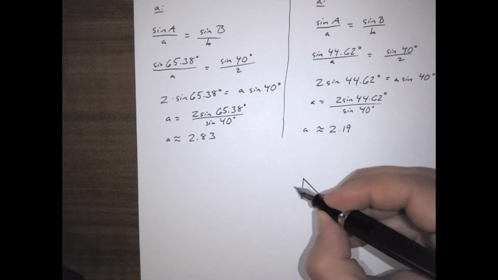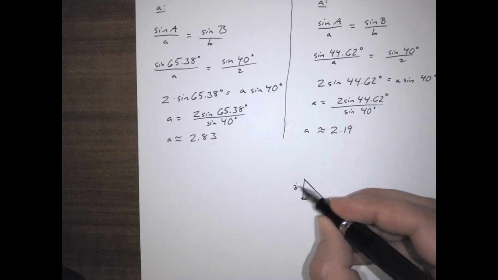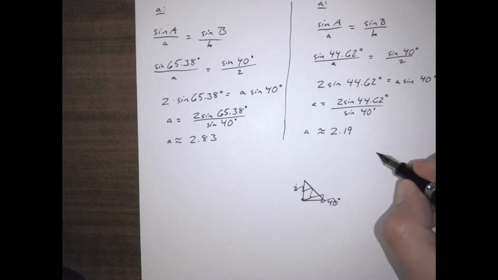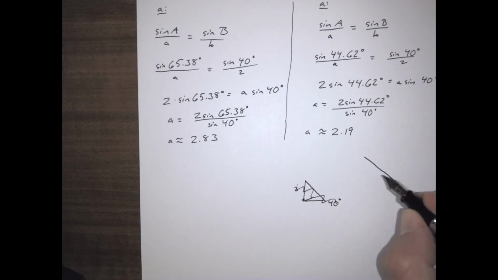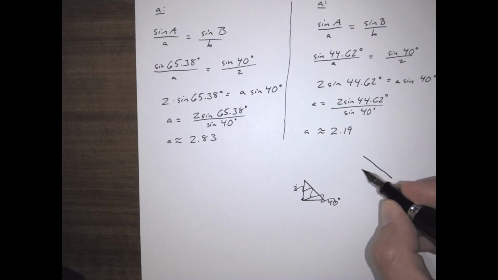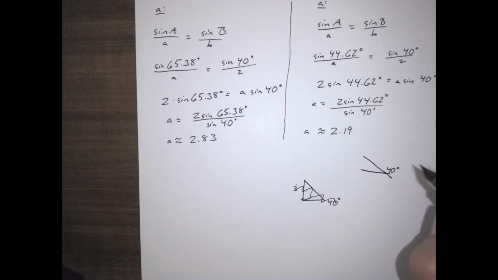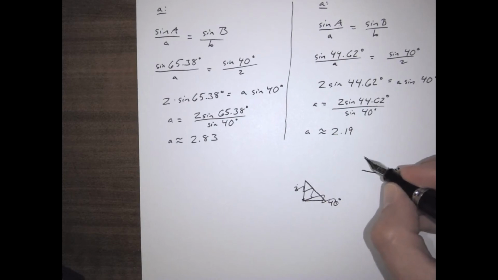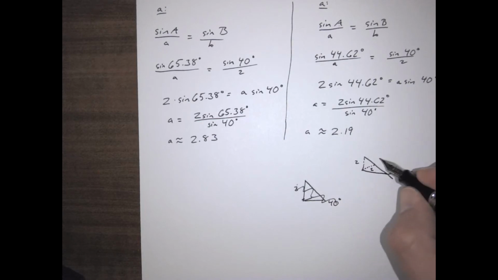Actually, let me try to draw this better. Okay, so what's going on here is we have a 40-degree angle, and then we have a known side of 2, which could correspond with either being there or there, and these are the two A's.